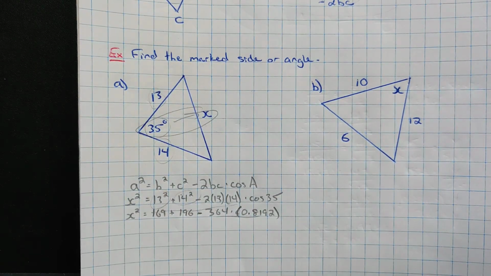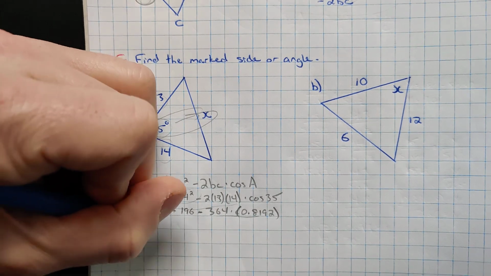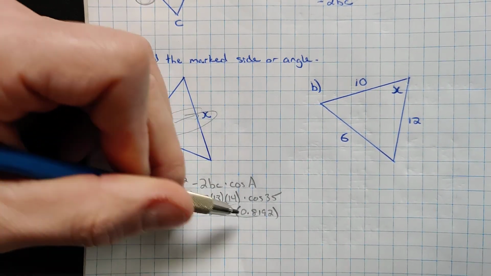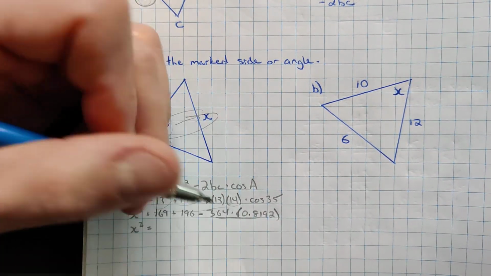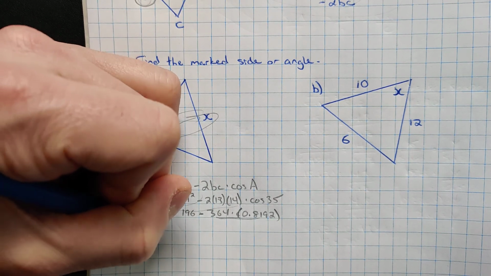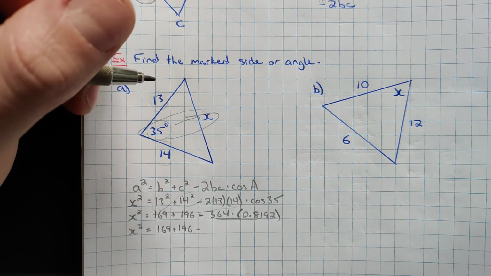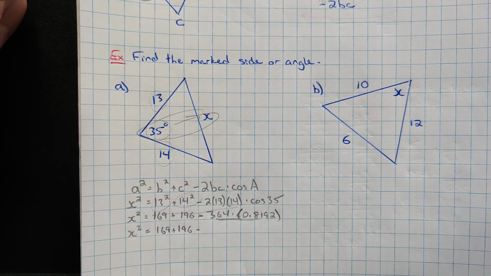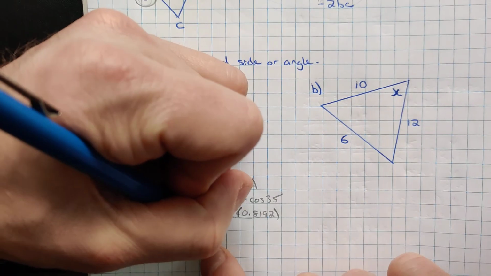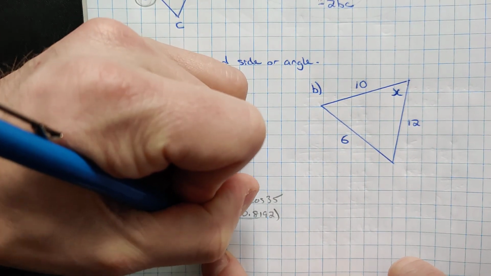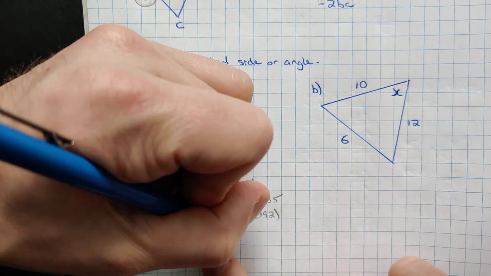Still got to multiply. Okay, this is the big spot where people make a mistake. They decide to subtract and then multiply. Got to multiply first, then we can do our subtraction and addition. So 364 times 0.8192 is going to give me 298.19.